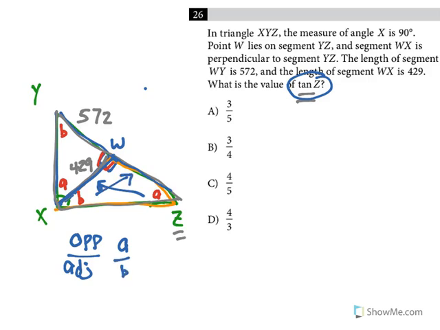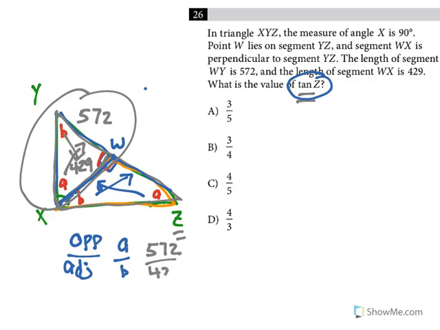My A and B sides are just the sides opposite what I'm labeling those angles as. Now, since these are all similar triangles, I can use any one of them. So I'm really going to focus on this triangle because that's the one I have to measure. The A side is 572, and the B side is 429, and simplifying this gives me 4/3.